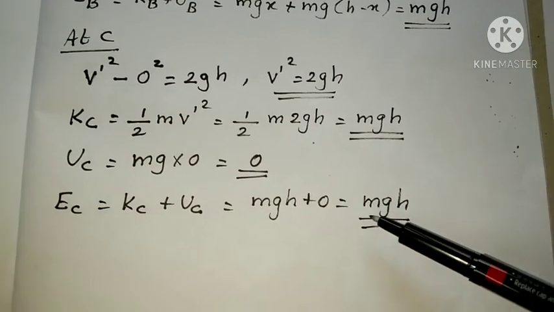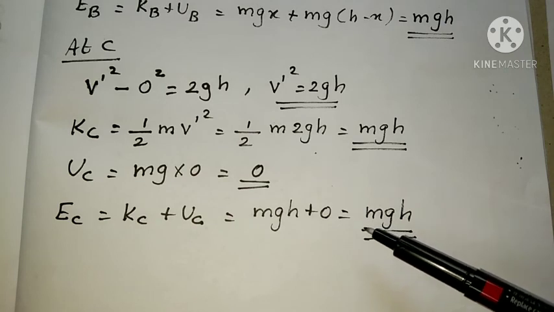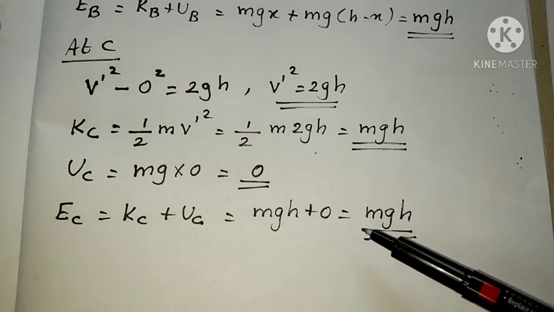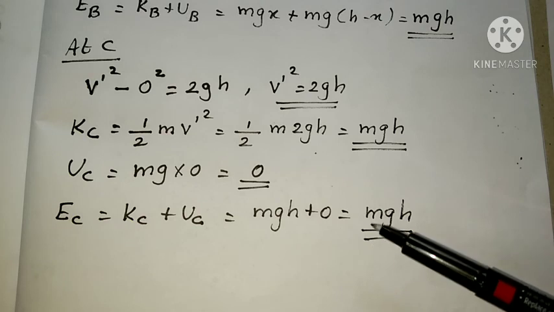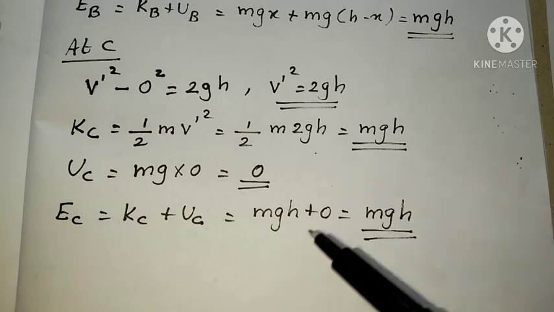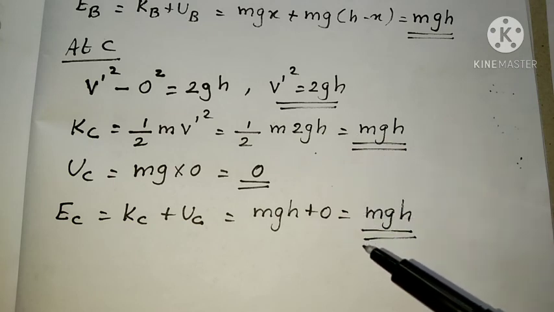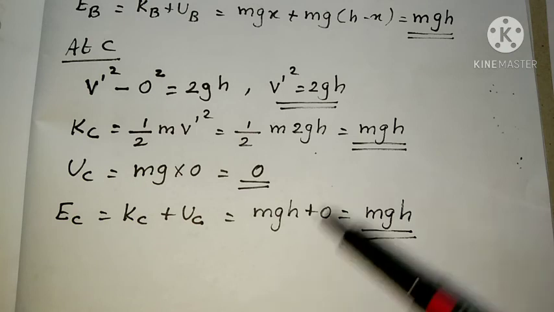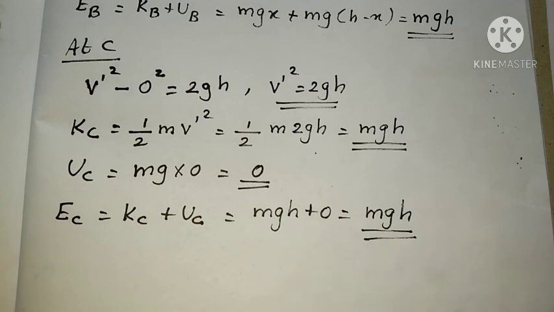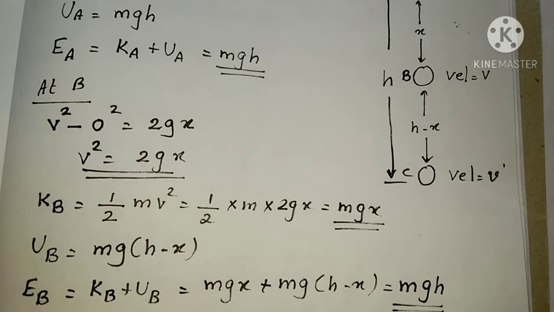In all the cases, total mechanical energy is constant. So we can say that total mechanical energy is conserved during the free fall of a body. When the body falls freely, first the potential energy decreases and kinetic energy increases, so total mechanical energy remains constant at all points. That means total mechanical energy is conserved during a freely falling body.